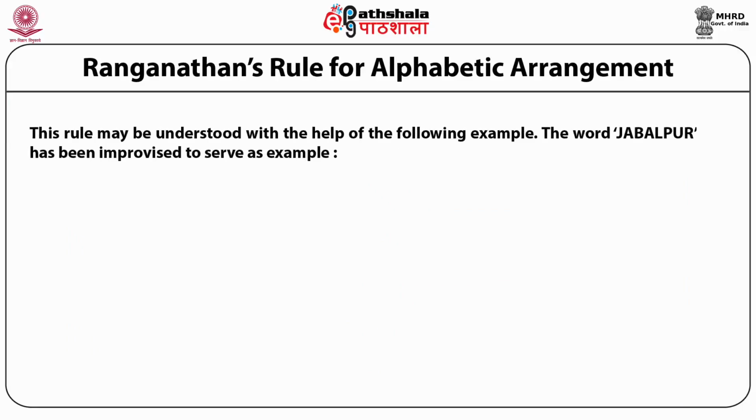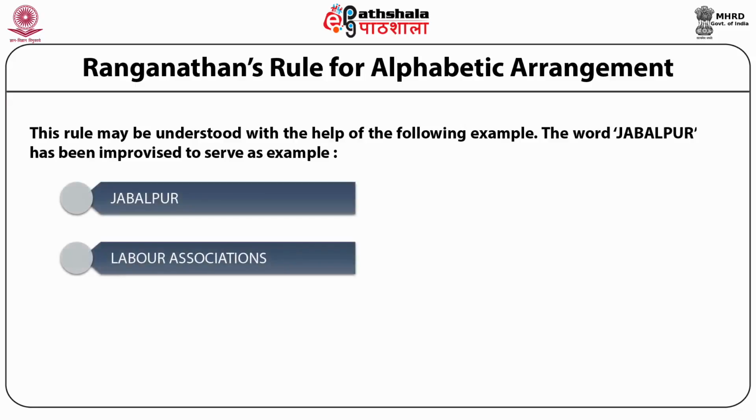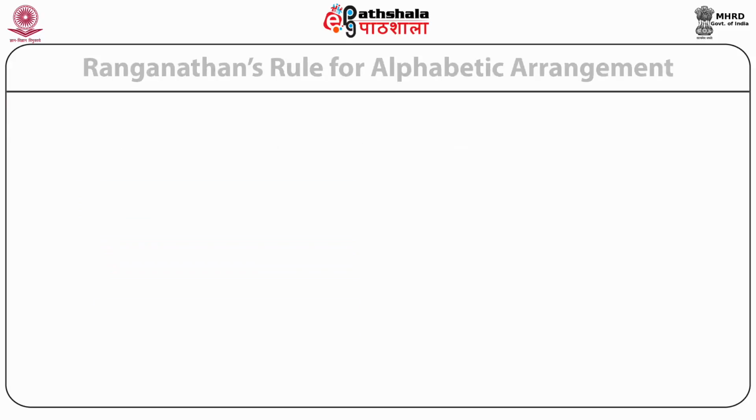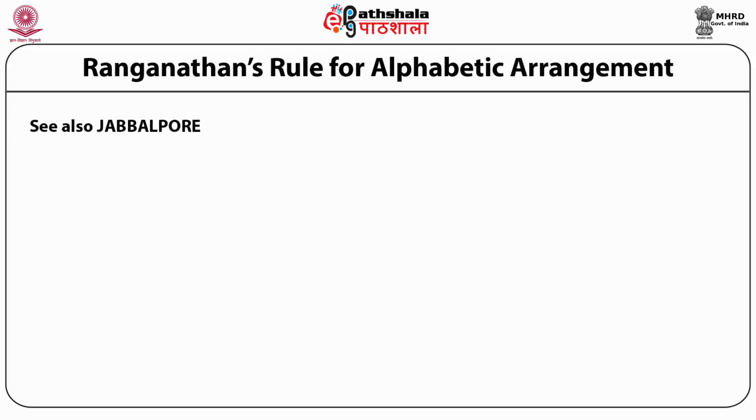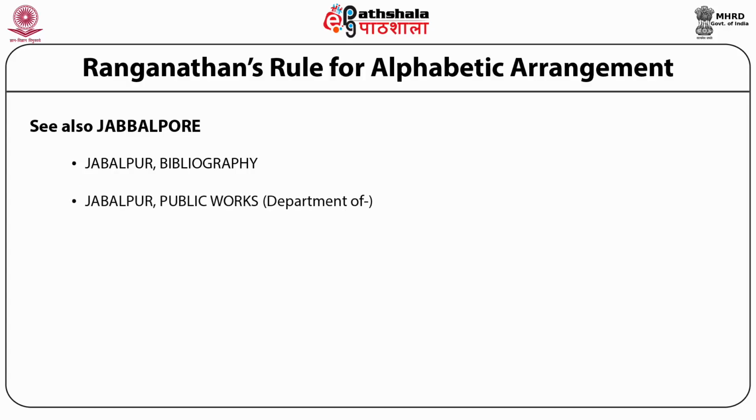This rule may be understood with the help of the following example. The word Jabalpur has been improvised to serve as an example. Jabalpur, Labor Association. Jabalpur, see also Jabalpur. Jabalpur, bibliography. Jabalpur, public works (Department of).